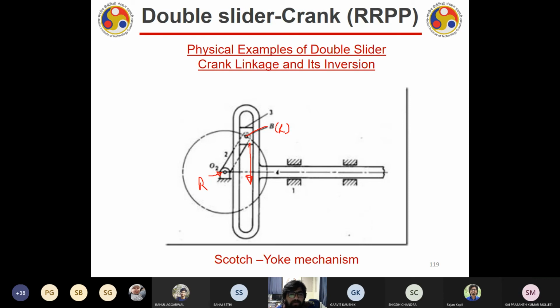It can go up and down, let me call it P. And this whole slot is also attached with this link, and they do not have any flexible joint. They are attached with a welded joint or something. Then definitely it can go back and forth into the frame. This is the frame, link 1. So what type of joint is it? It is also a prismatic joint. So what is it? R, R, P, P.